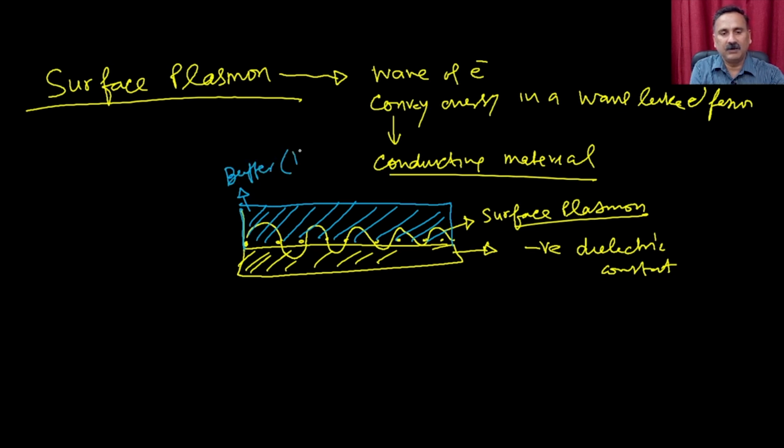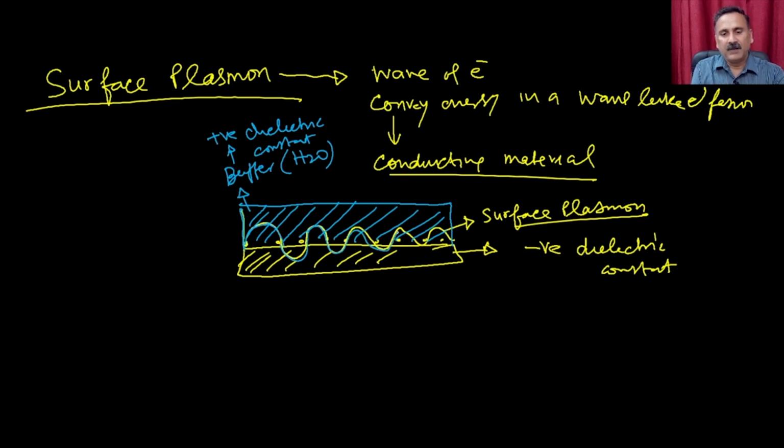So buffer is nothing but the water, which is going to have a positive dielectric constant, right? Because of this positive dielectric constant, it is going to cause the production of these plasmons.